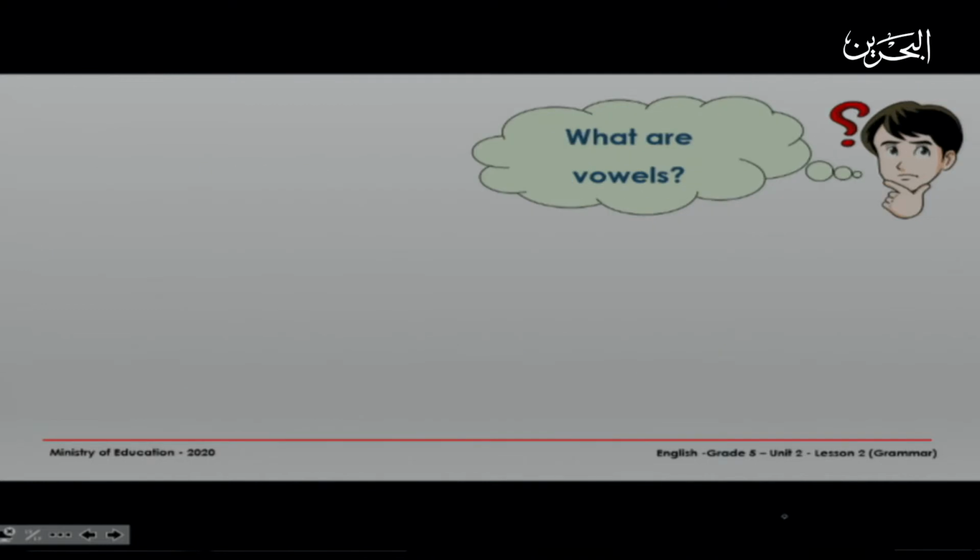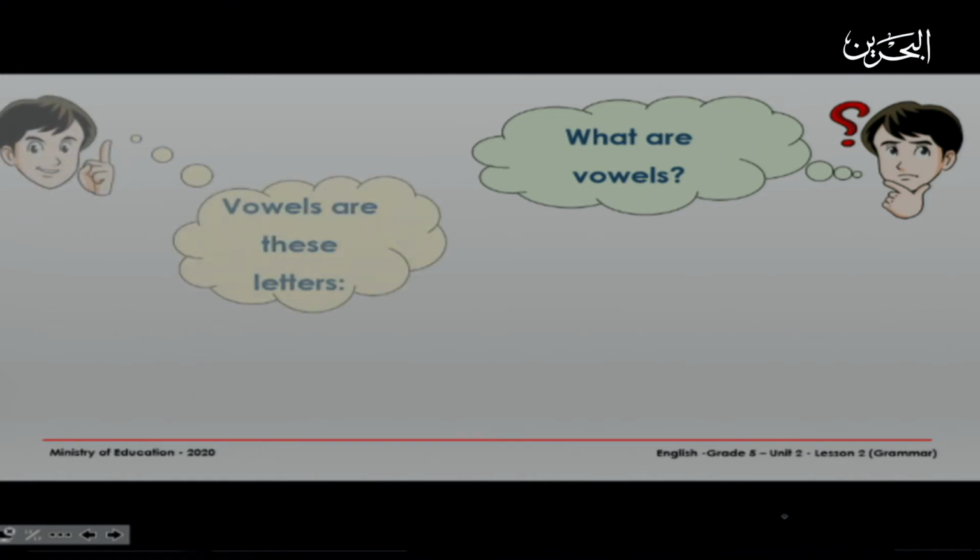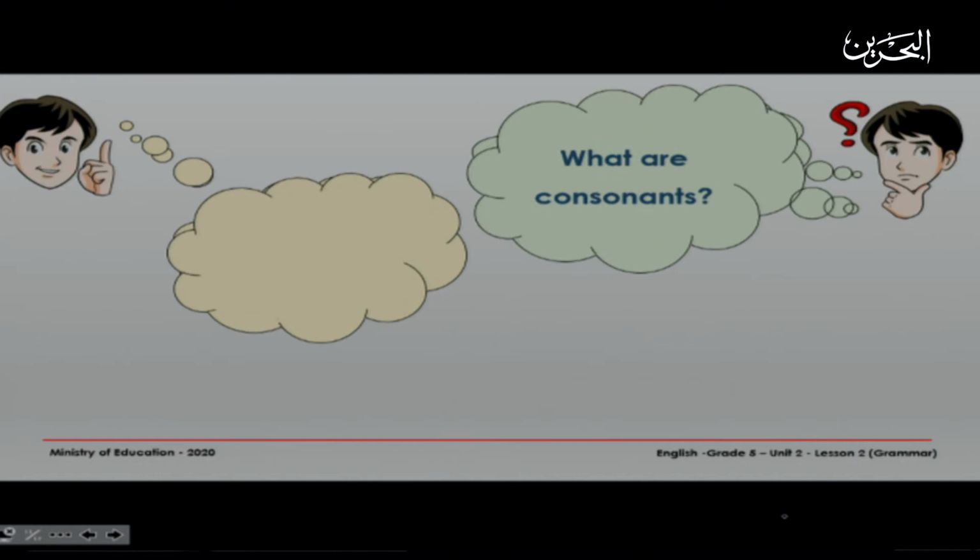Again, I will remind you of the vowels. What are the vowels? As I said earlier, they are I, O, U, E, and A. What are the consonants? What do you think?